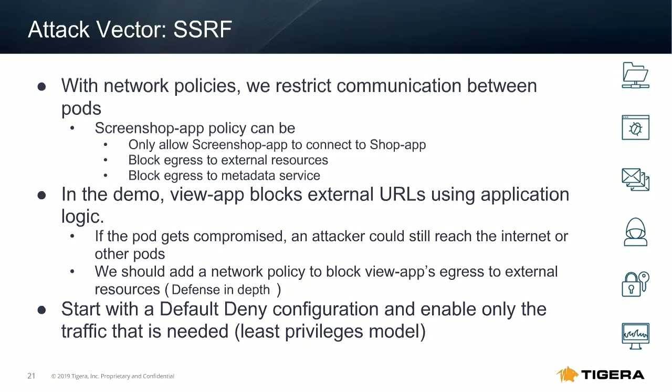The second thing we can do is just block egress to the external resources. This would prevent the screenshot app from redirecting to Google, for example, or the metadata service, since they're technically outside. But then this will also have a similar issue as before, where if the shop has some sort of CSS or JavaScript that's located elsewhere, it won't be able to reach it.